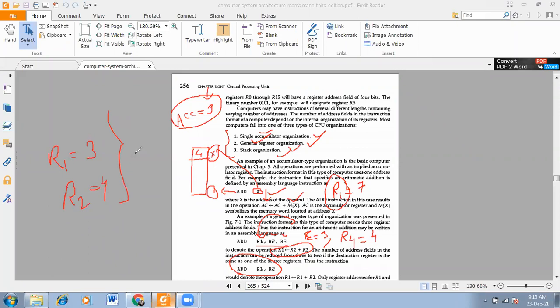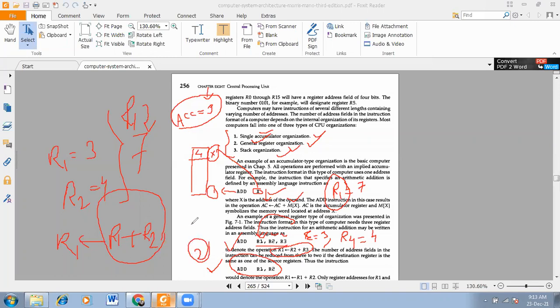If you add them, the result will be 7. And where will it be stored? In R1. That means R1 plus R2 will go into R1. This is the concept of the operation. So these are general register organization, this or this. So this is for 2.